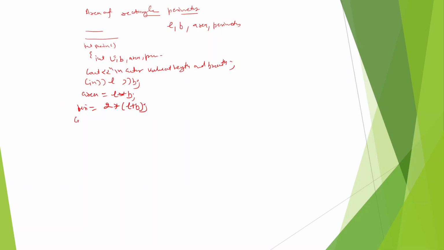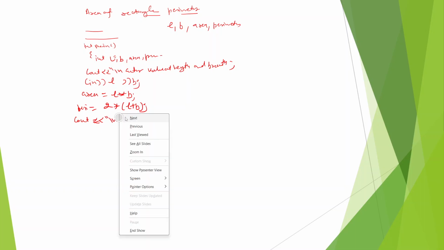Then cout. After this calculation, you want to know what the output actually is, so you have to take this, this is not equal to, this is the assignment operator.